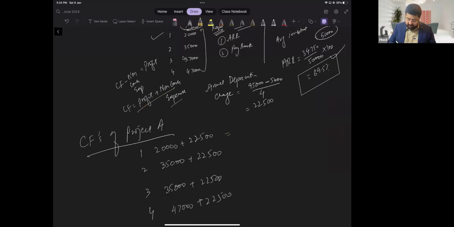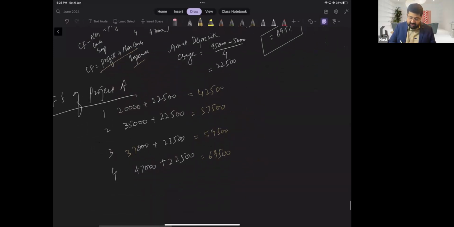So it will be 42,500. It is 57,500. Sorry, it is 37. I'm sorry. Yes, 37. Okay, it is 59,500. And it is 69,500. So cash flows are there.